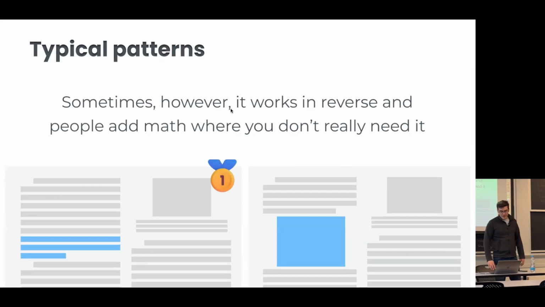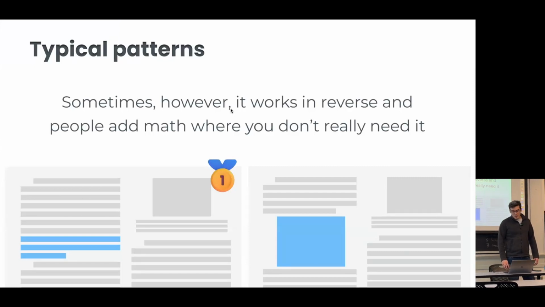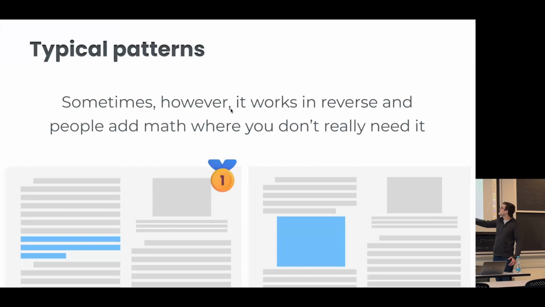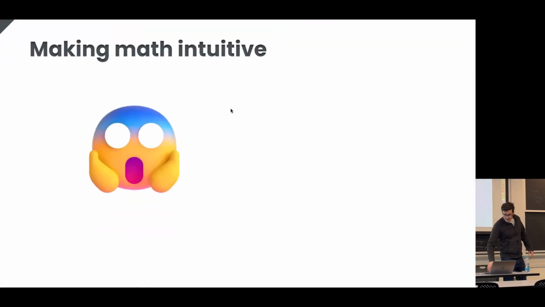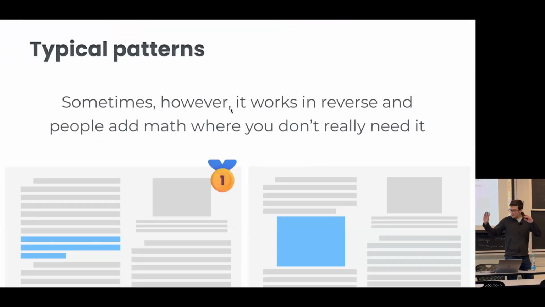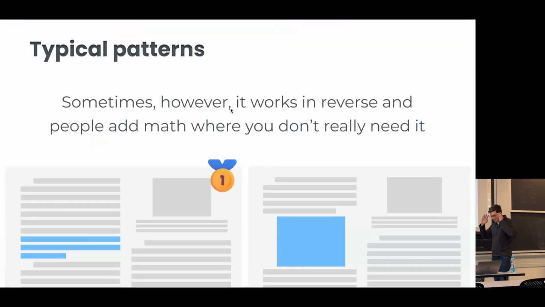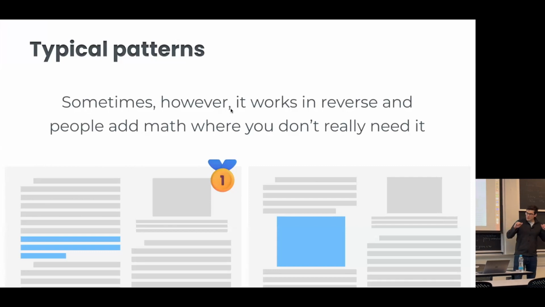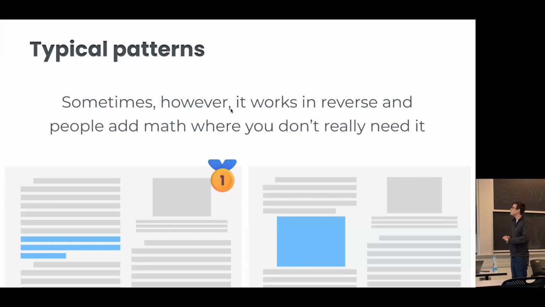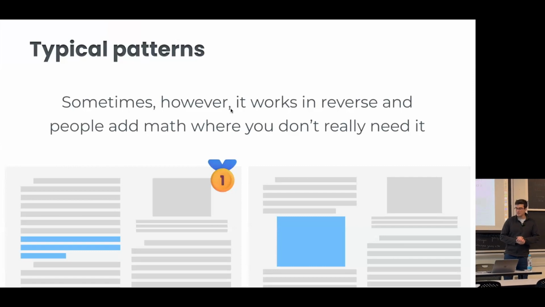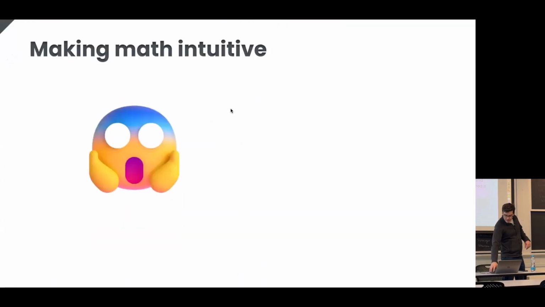So that's another way of arguing against using math. Anyway, I think that covers the what, or the when, of when should we use math and when do we not really need math.